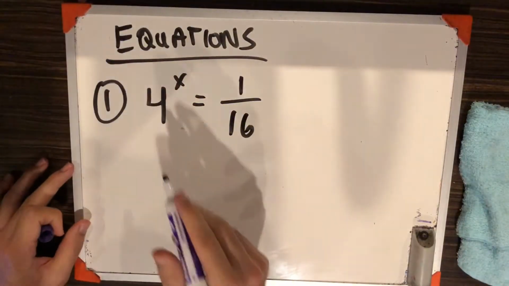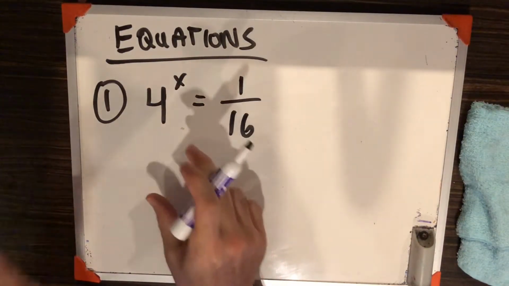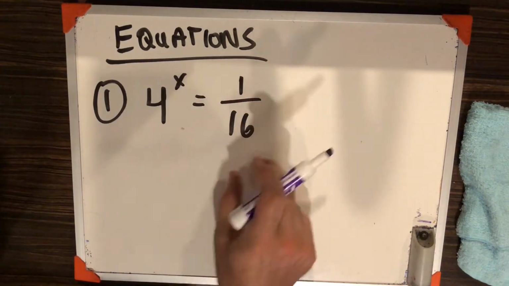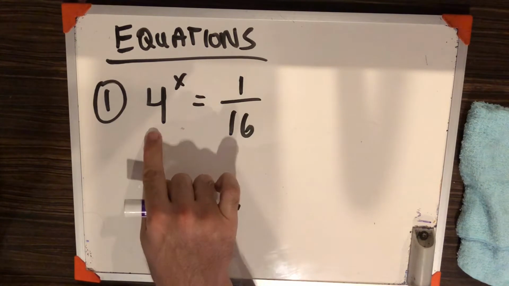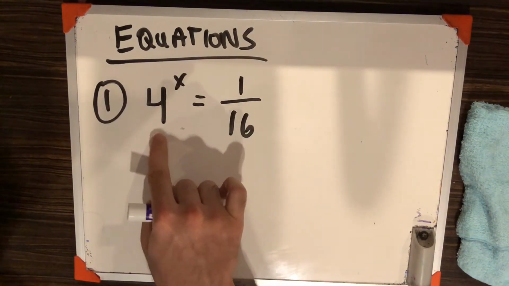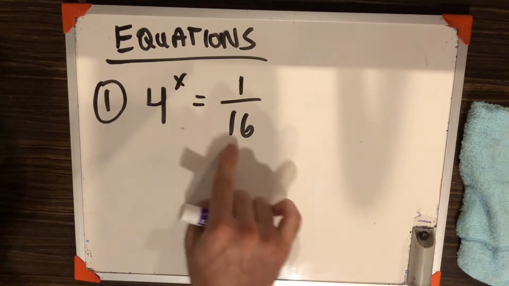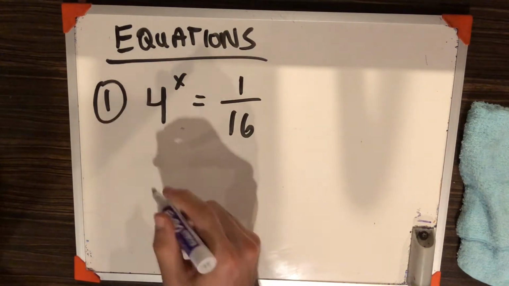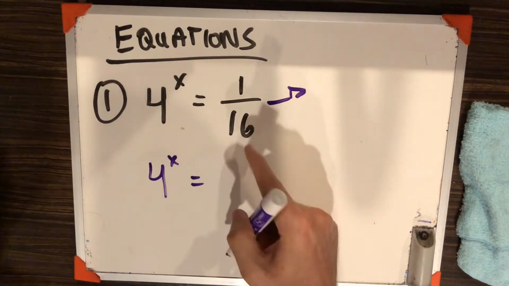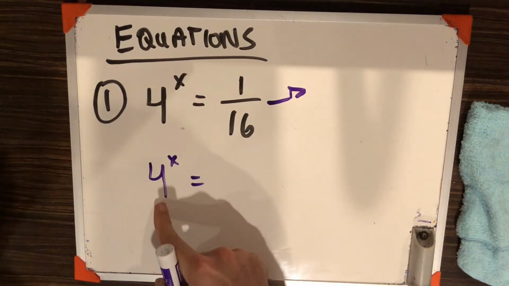All right, so now we're at exponential equations. Again, the key with exponential equations is to have the same base on each side. Okay, so we're probably looking for a base of 4 or possibly 2 if you want, but 4 seems to work out. So what we can do here is, again, 4 to the x. Well, how can we change 1 over 16 to have the base of 4?